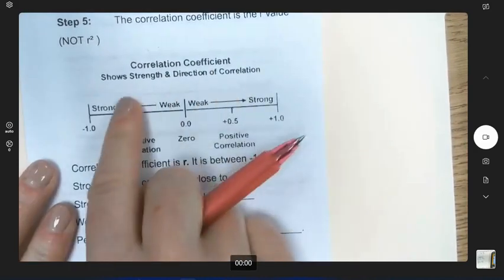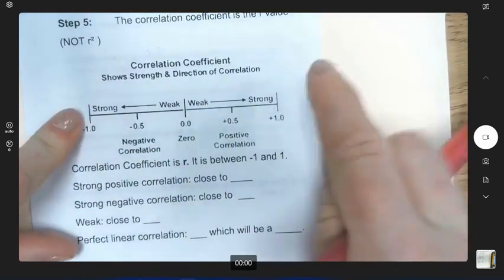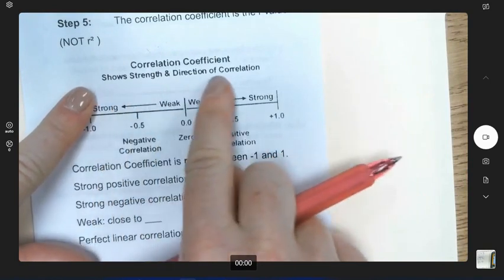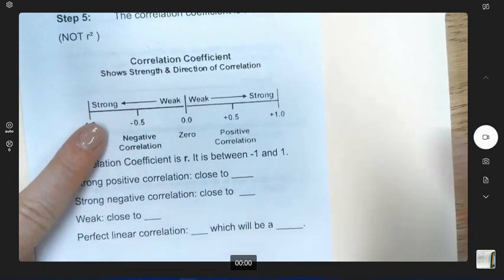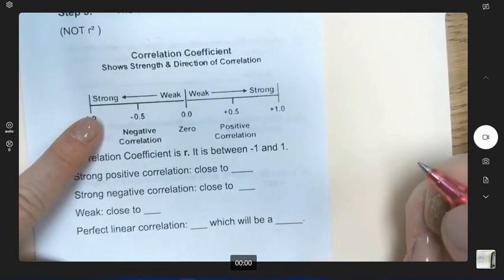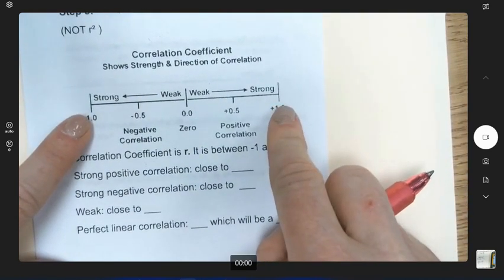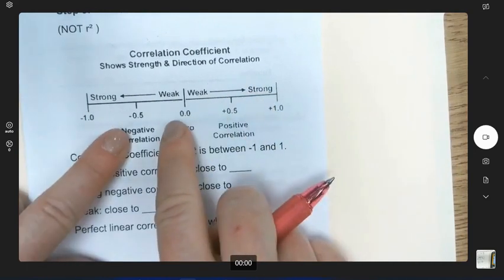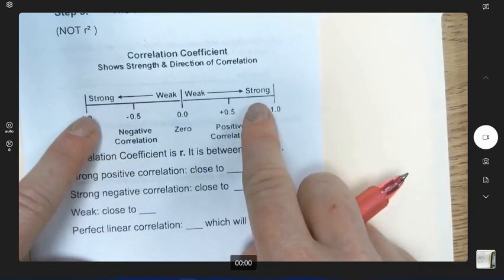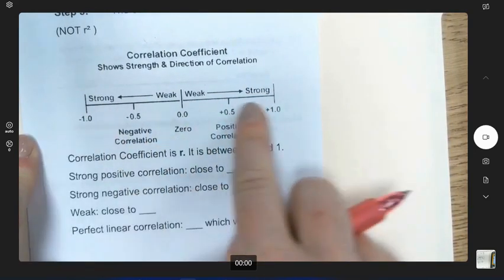So only look at R. Let me tell you about what R is. R shows the strength and direction of correlation. The only values for R are between -1 and +1. You can't have an R value that's bigger than 1 or smaller than -1. It's all between.